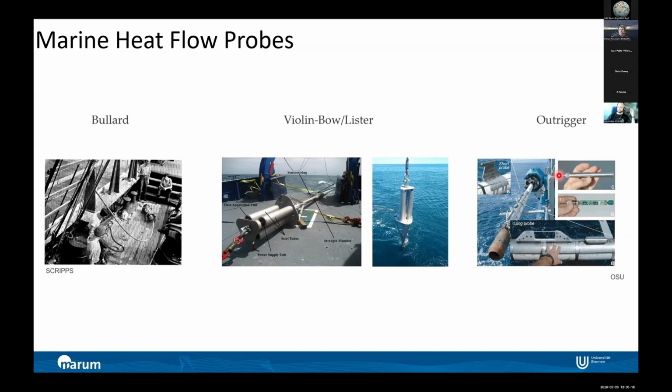And on the right side, this is an example of an outrigger probe system where you can have different probes, a long probe, or you have those smaller MTLs, those miniature temperature loggers. The temperature loggers record only temperature. For the long probes, there are two different types. There's one where you can just log temperature, and for the other ones you can do temperature and also in situ thermal conductivity measurements.